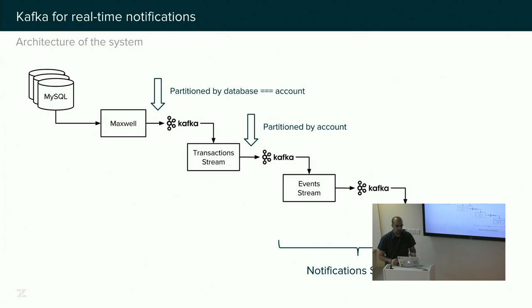So by partitioning by the shard name or the database name, we had the guarantee that all that data that we were consuming was already ordered by account. Okay, so that was an important requirement, let's say, or important guarantee that not only Maxwell but also Kafka gave us by the way we approached the partitioning of this data.